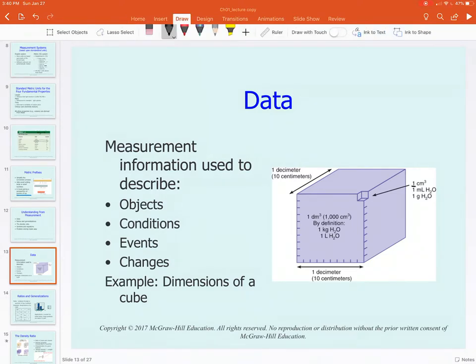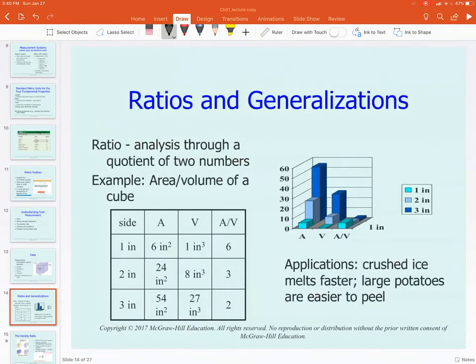There's a number here, and there's a unit. And we're going to do a lab where we have to measure different cubes and do ratios. So this will make a lot more sense when we actually do this lab. But I want to go to this slide to show you what's going on as far as ratios.